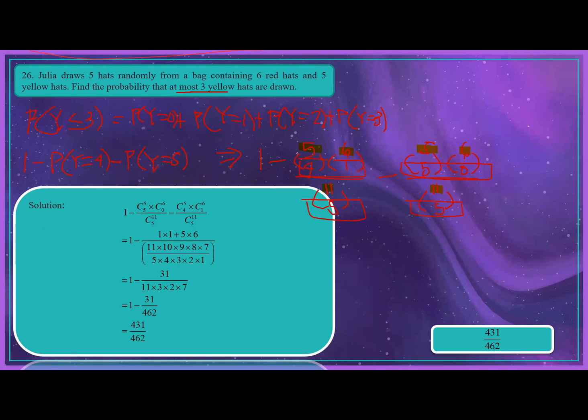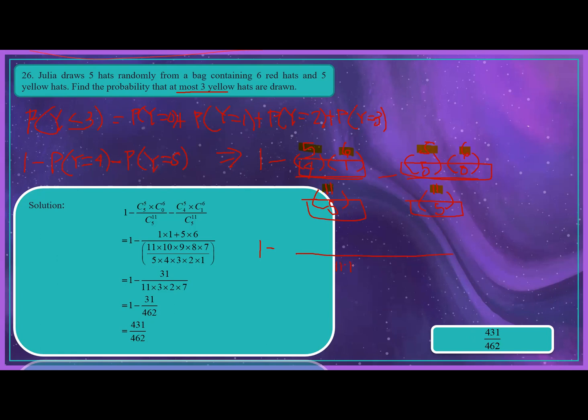After that, the challenge here is the simplification. So just be careful every time. This is the bottom, 11 choose 5.